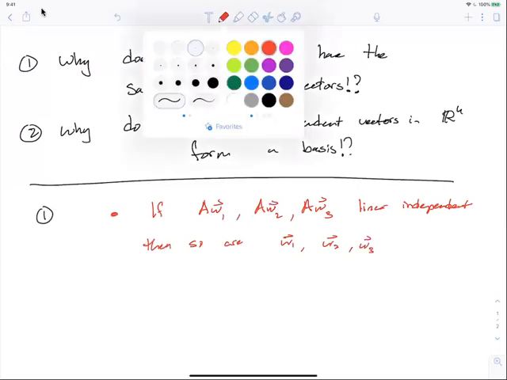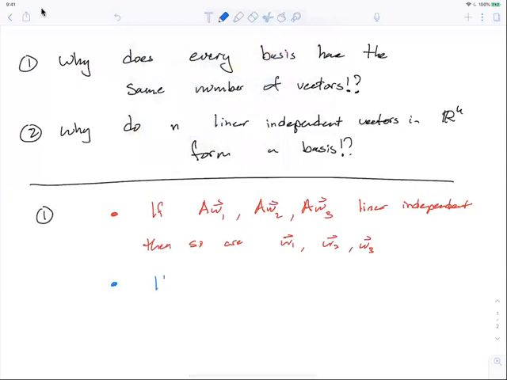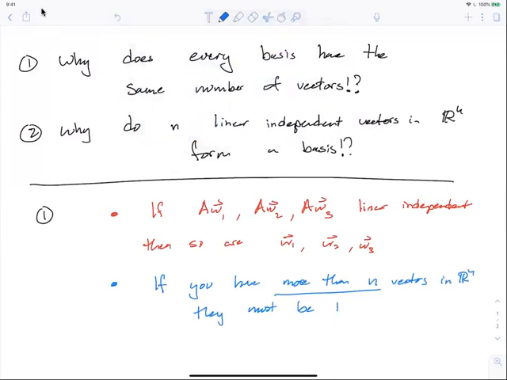And the second thing we're going to need is that if you have more than n vectors, so more than n vectors in Rn, they must be linearly dependent.